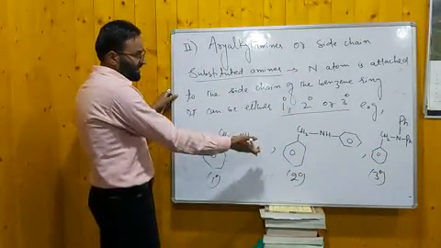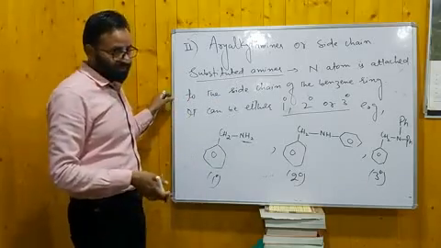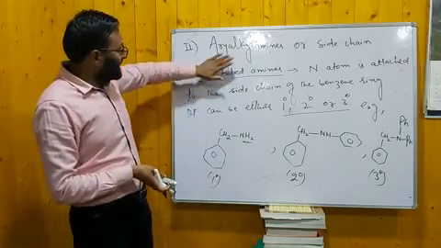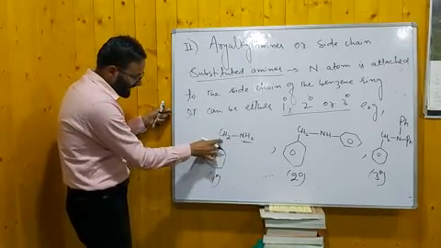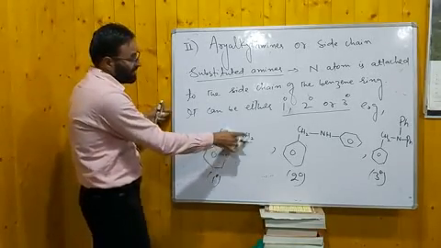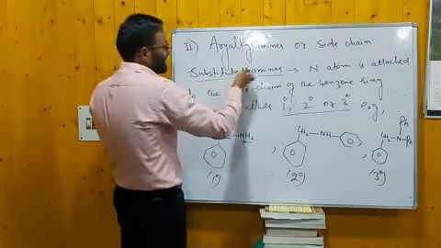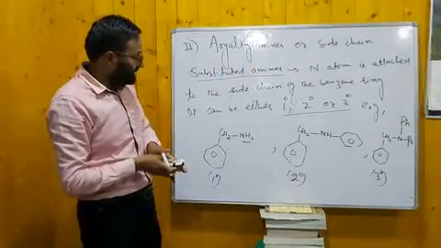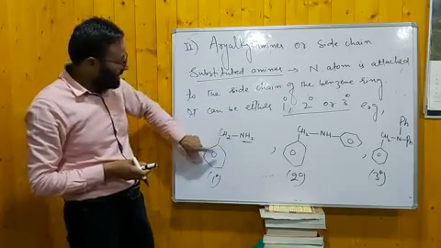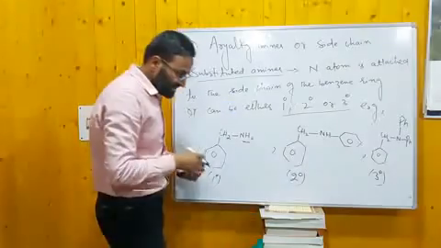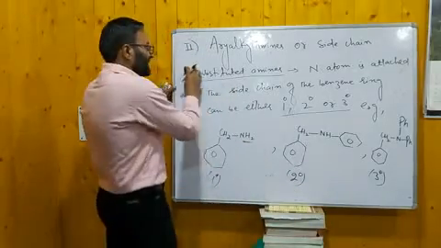Primary, we have the secondary, and we have the tertiary. It means that this type are alkyl amines. This is the R, this is the alkyl, this is the amine. And what is the second name? Side chain substituted amines. In this type, the amino group is attached to the side chain of the benzene ring. This is the second classification of the amines.